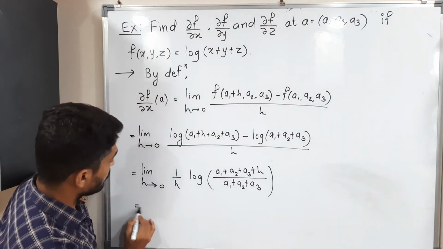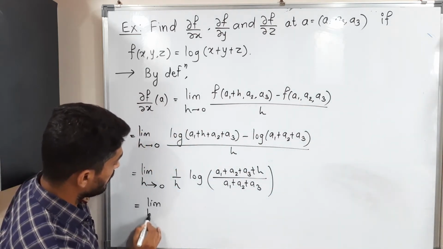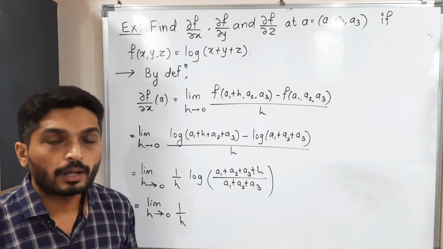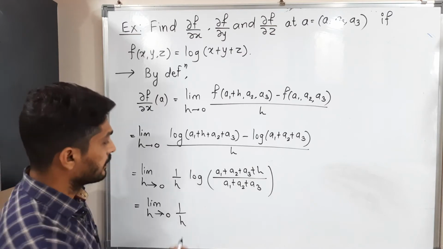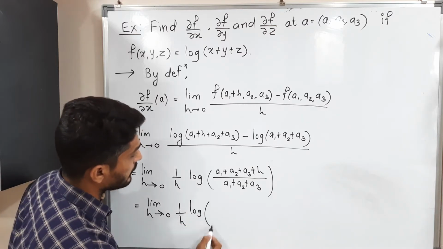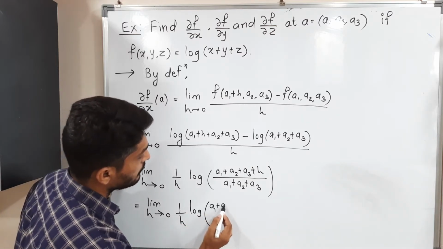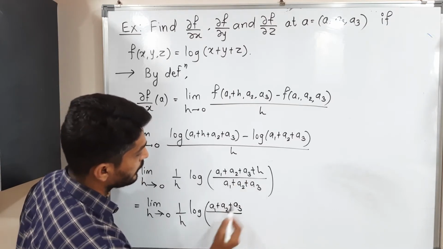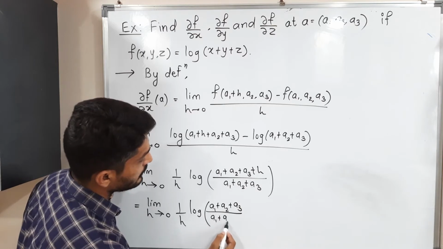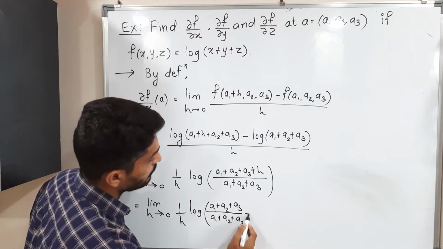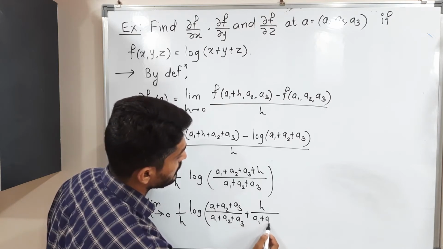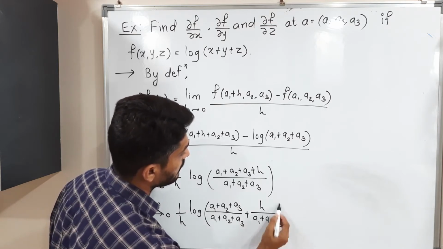So this is equal to limit h tends to 0, 1 by h. See what I'm going to do, I'm going to divide separately. What will happen if I divide separately? The three terms a1 plus a2 plus a3 upon denominator a1 plus a2 plus a3, plus only the last term h upon the denominator a1 plus a2 plus a3.